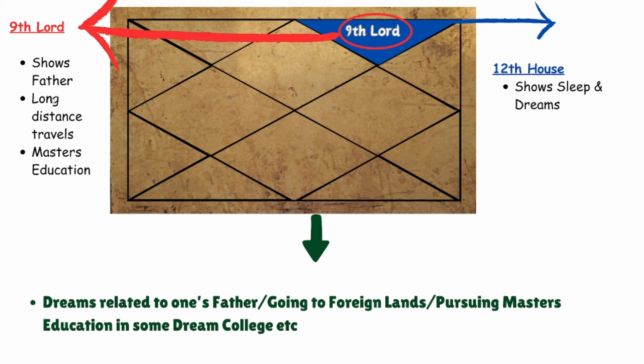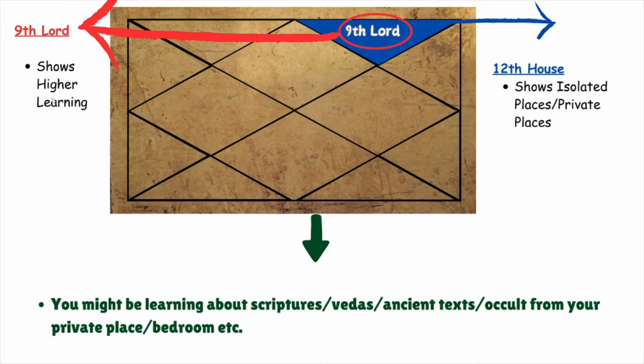So, when this placement is activated, during that time, there is a possibility of you getting dreams related to either your father, or maybe your desire to go to foreign lands, or what master's degree you should pursue in whichever dream college that you have. So, you will subconsciously try to relate to any of these factors.